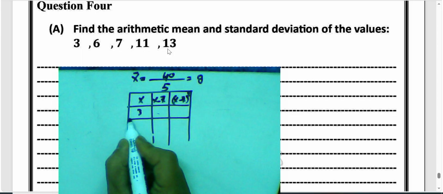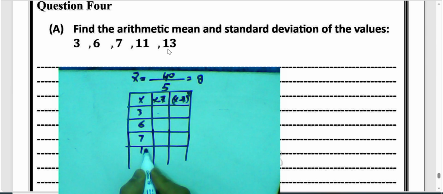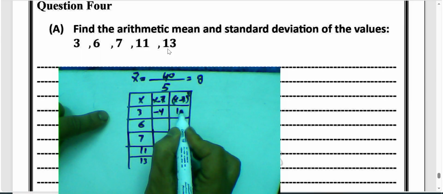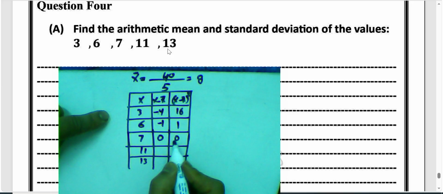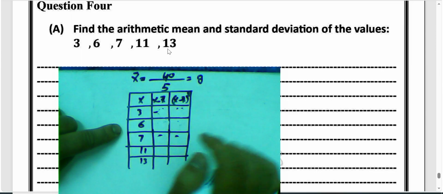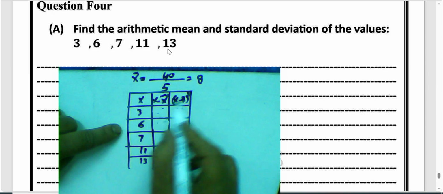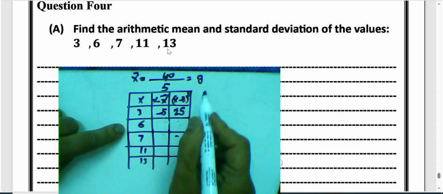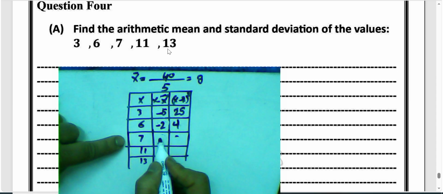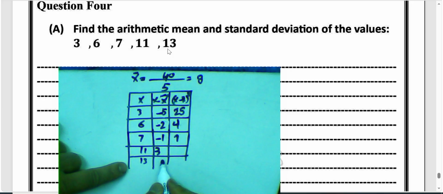We have 3, 6, 7, 11, and 13. 3 minus 8, negative 5, power 2 is 25. 6 minus 8, negative 2, power 2 is 4. 7 minus 8, negative 1, power 2 is 1. 11 minus 8 is 3, power 2 is 9. 13 minus 8 is 5, power 2 is 25.